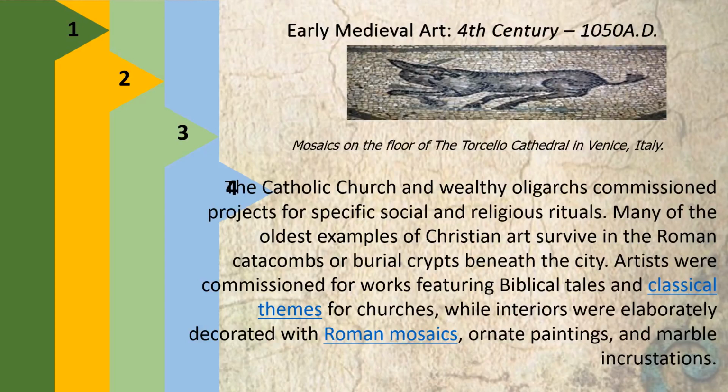At this time, the Catholic Church and wealthy oligarchs commissioned projects for specific social and religious rituals. Most of the oldest examples of Christian art survive in Roman catacombs or burial crypts beneath the city.